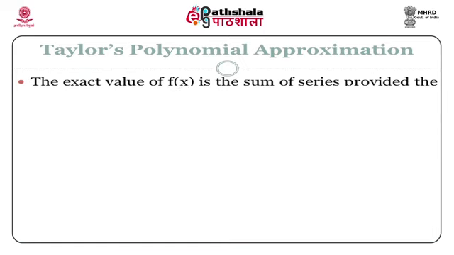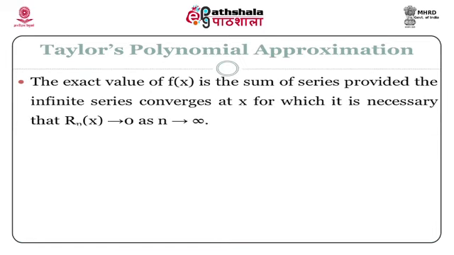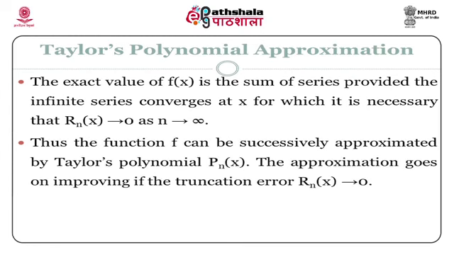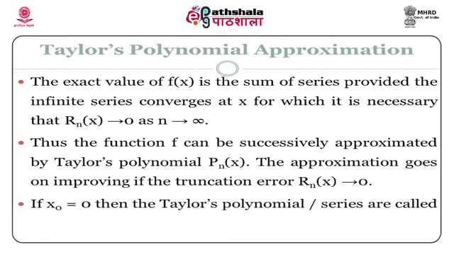The exact value of f(x) is the sum of the series provided the infinite series converges at x, for which it is necessary that R_n(x) tends to 0 as n tends to infinity. Thus, the function f can be successively approximated by Taylor's polynomial P_n(x). The approximation goes on improving if the truncation error R_n(x) tends to 0.